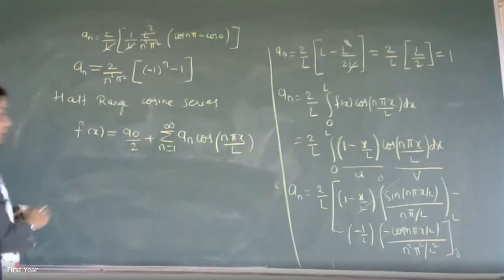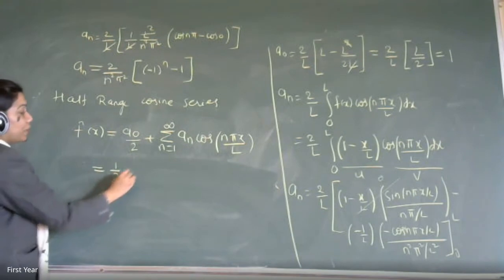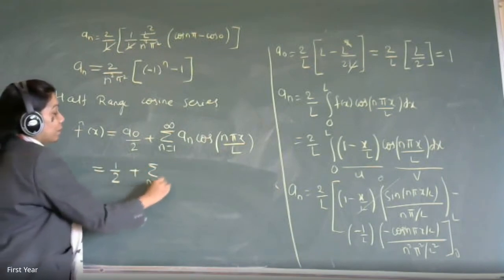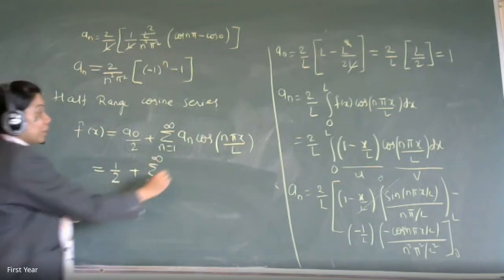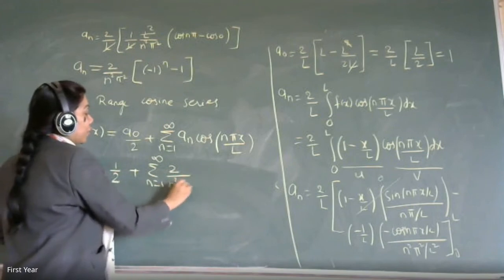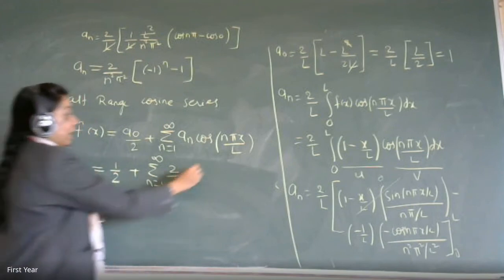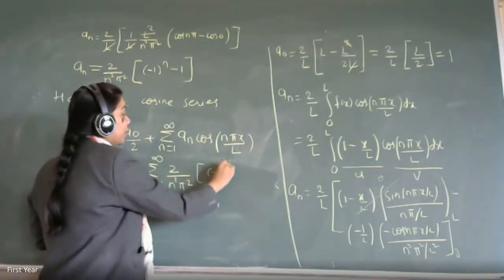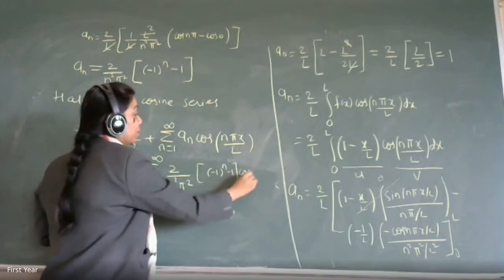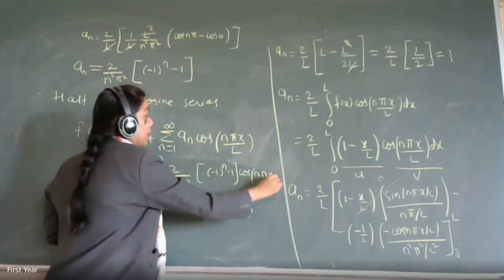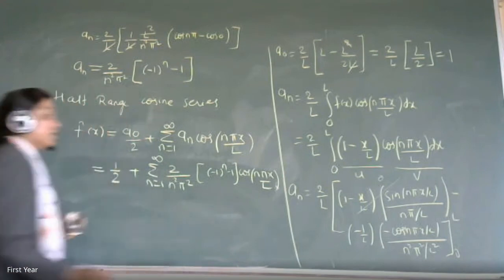That is a naught is 1, so it is 1 by 2 plus summation a n is 2 upon n squared pi squared into bracket minus 1 to the n minus 1, cos of n pi x by L. That's it. That's your answer.